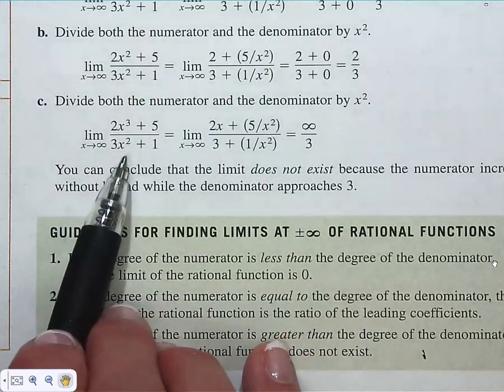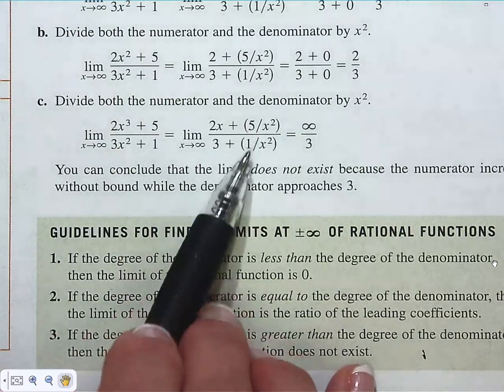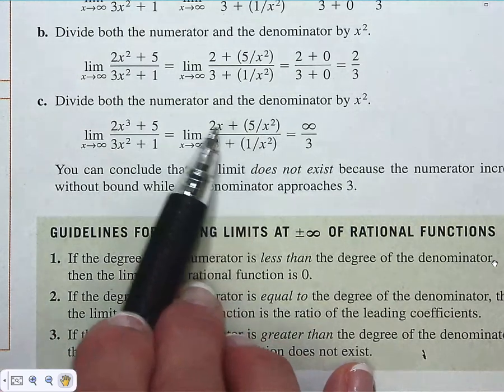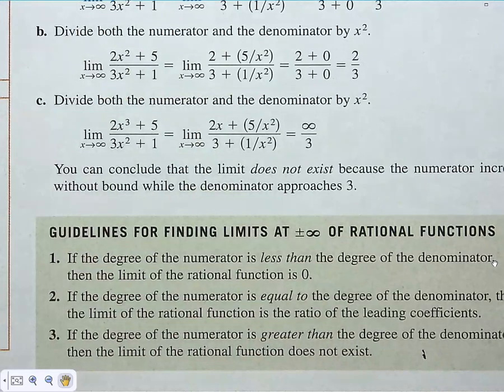And one more. Part C, if I divide all 3 terms by x squared, then that's going to 0, that's going to 0. Now I have 2x over 3. What happens to a fraction when the denominator stays the same, but the numerator is getting huge? Yeah.